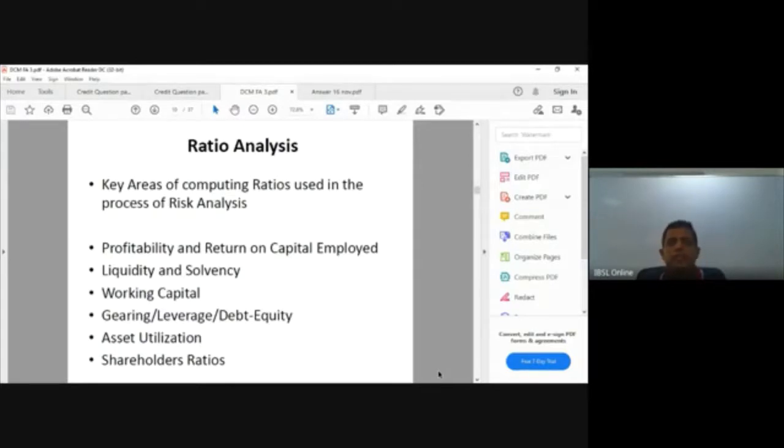Therefore, the second part, that is the financial statement analysis, mainly consists of this particular first question, which will be allocated about 30 to 40 marks.